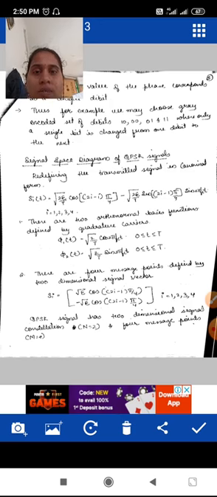Now, what is the signal space diagram of a QPSK signal? Again we have written the signal Si of t that we are transmitting.